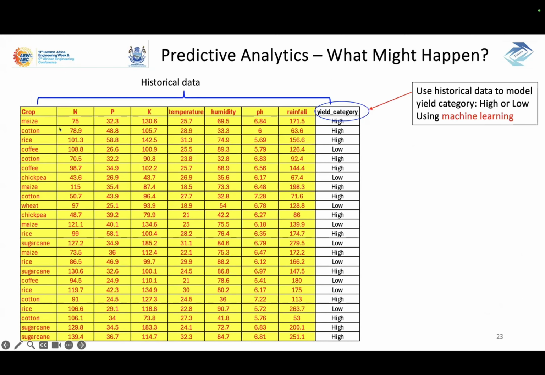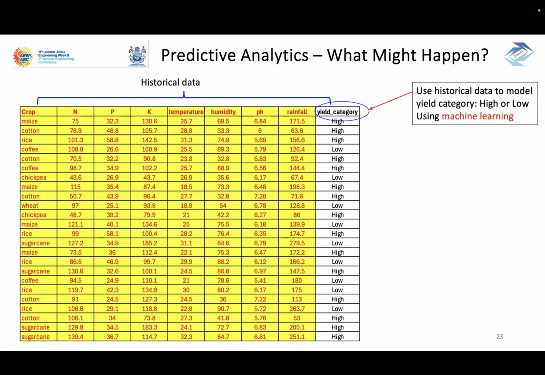So we have all this information. You have information about maize, about the crop, about the nitrogen, phosphorus, and so forth, the temperature, and so forth. So you build your models. This is for predicting whether it's going to be high or low yield. You can now use your predictive analytics. You don't have to wait.